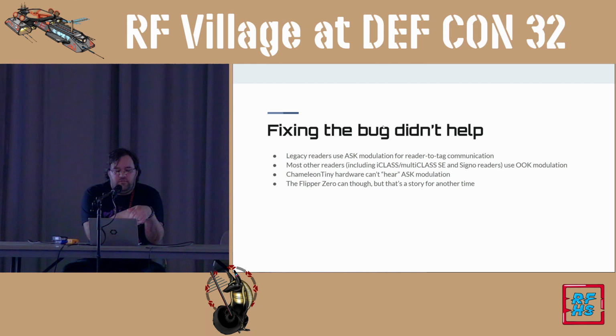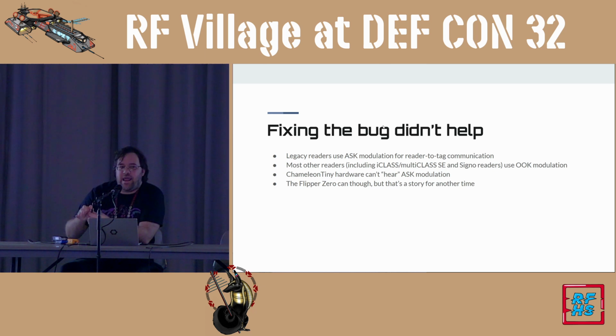that 15693 as a standard actually supports two different ways of modulating the data from the reader to the tag. One is on-off key modulation, where here's the carrier, and then it stops the carrier entirely, and then here's the carrier again, and that's how you get the ones and zeros. But it also supports what's called ASK, or amplitude shift keying, which is where instead of turning the field off entirely, it'll just turn it down a bit.